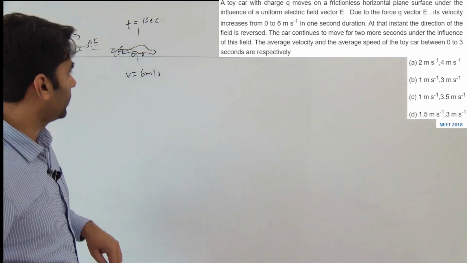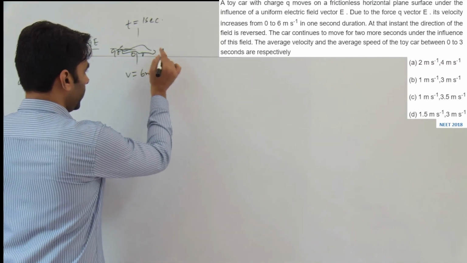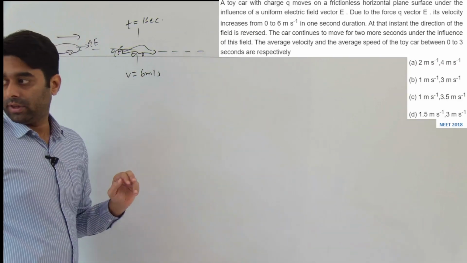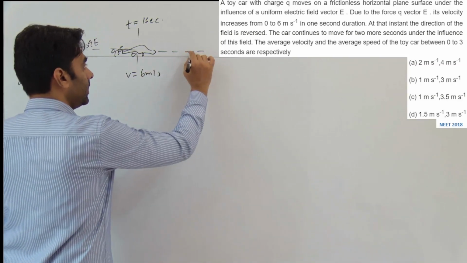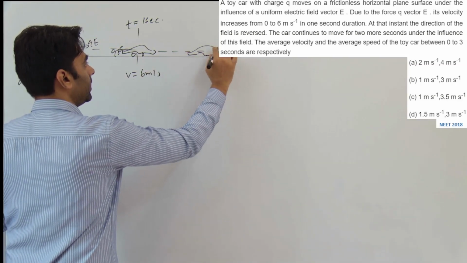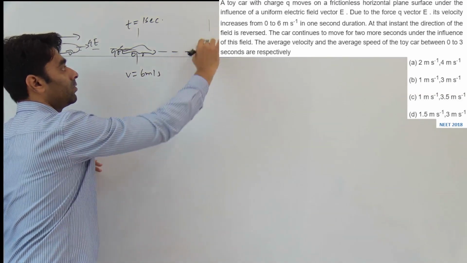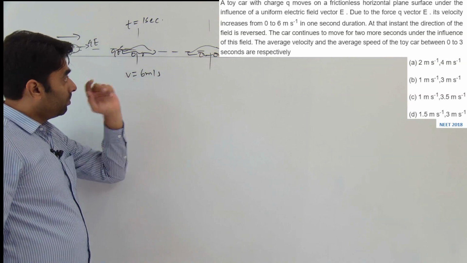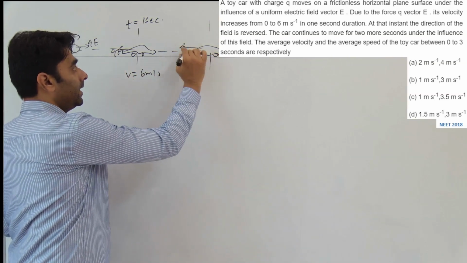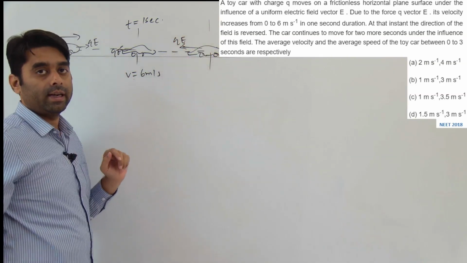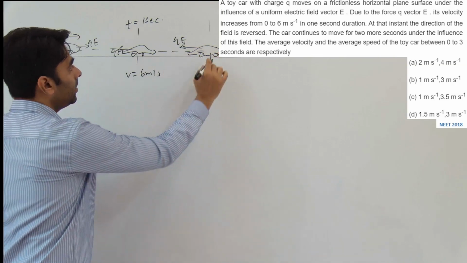Fine. Now let us see. It will continue to go somewhere over here, and then it will stop. Right? It's visible now. It will stop. And because QE is continuously acting, it will return over here.